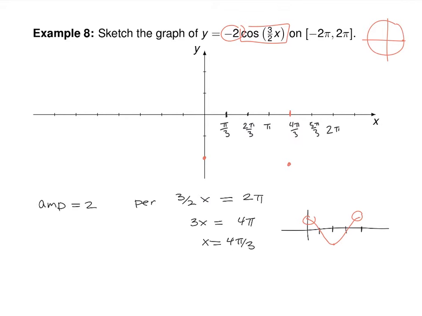When will this thing cross the x-axis? So that one crosses there and there, right? Pi thirds and pi. And by 2 pi thirds, you're up at 1. You've got to think about what happens to these 1, 2, 3, 4, 5 points on the cosine curve. And it goes like that.